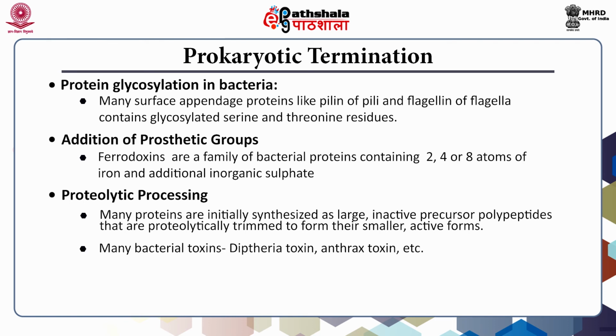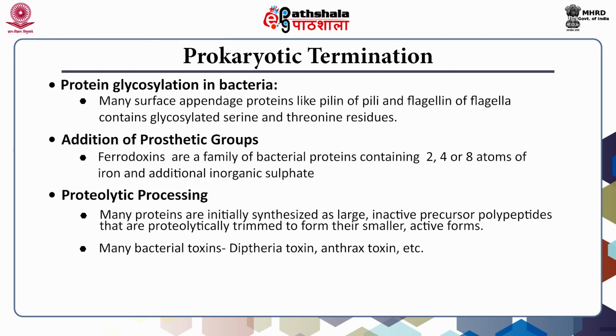Many bacterial toxins achieve their high potency by delivery of catalytically active polypeptide fragment of the toxin to the eukaryotic cell cytosol. Activation occurs by proteolytic cleavage of the polypeptide at the defined sites. Examples include toxins like diphtheria toxin, anthrax toxin, etc.